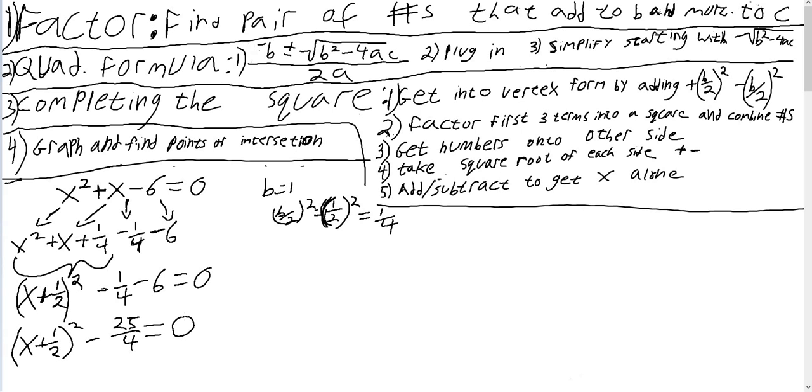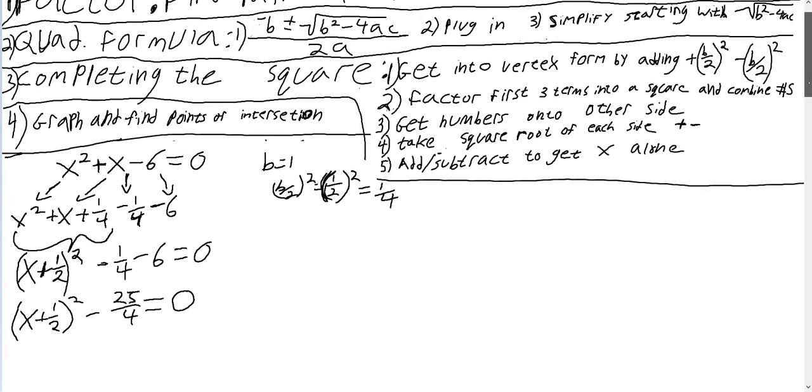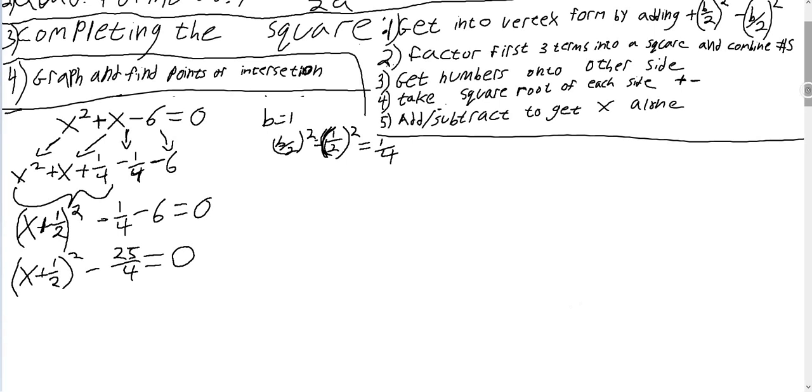Now, if not for the fact that this is also useful for finding the vertex, I might skip this, but completing the square is useful because this is what's called vertex form. Sometimes they'll ask you to find the vertex form, and this is how you do it.